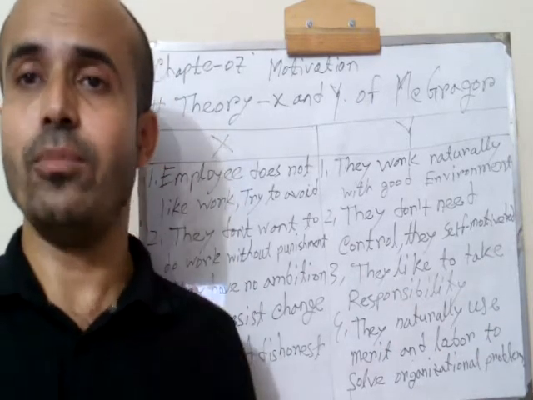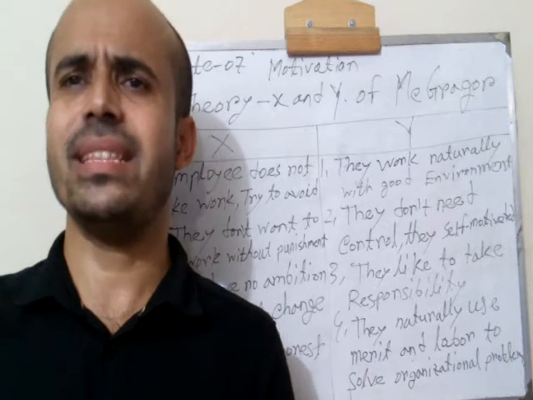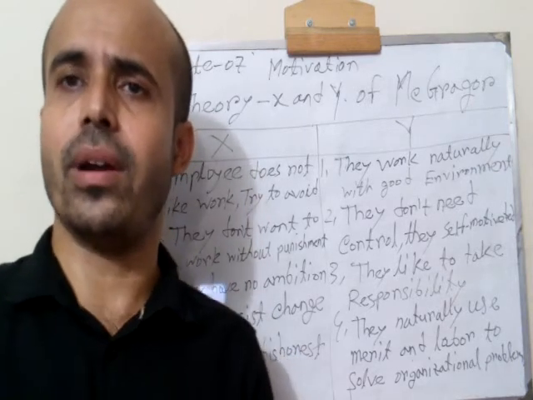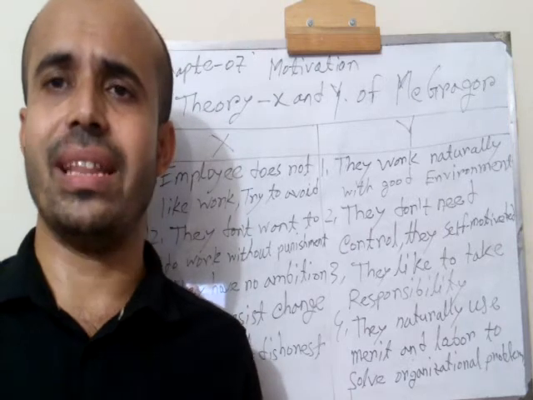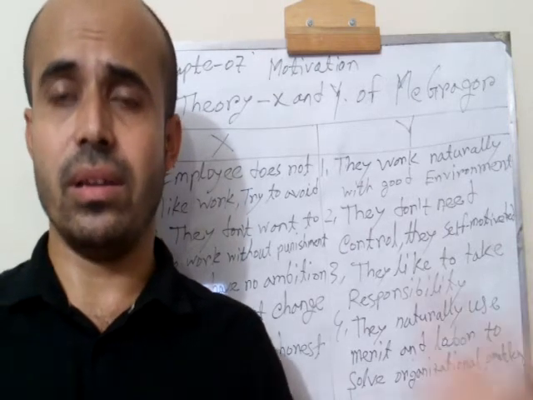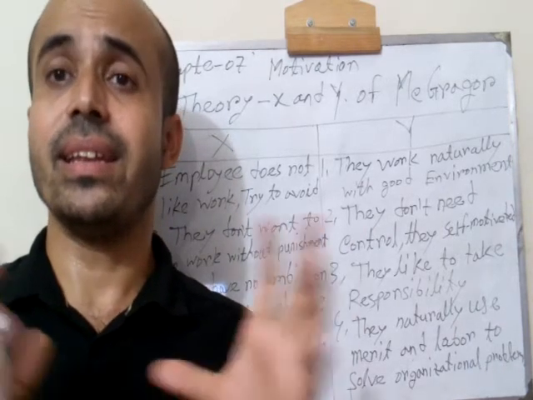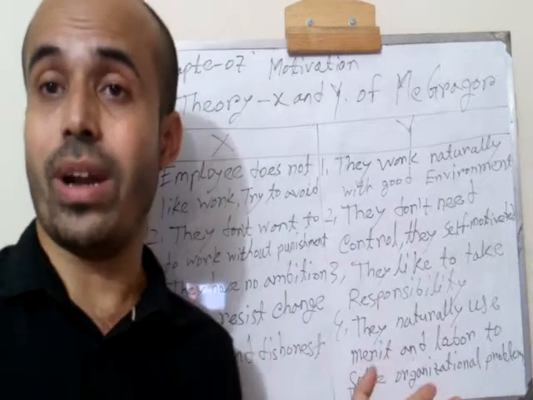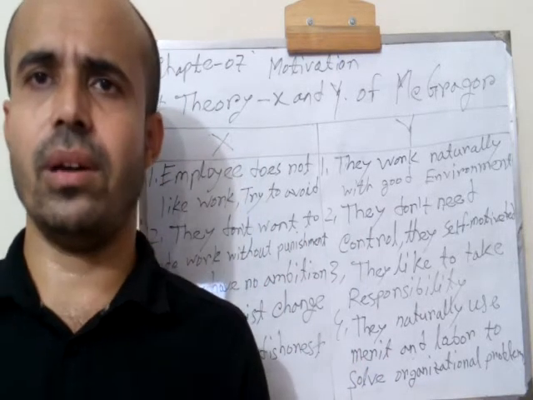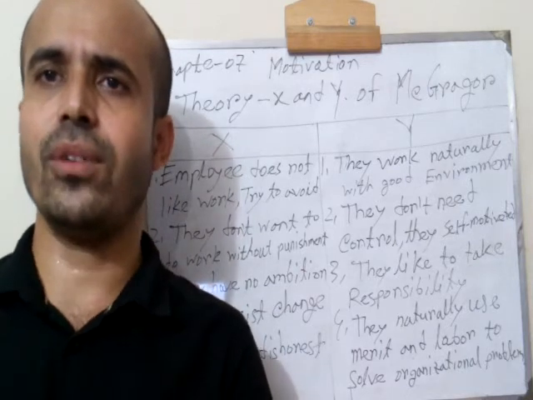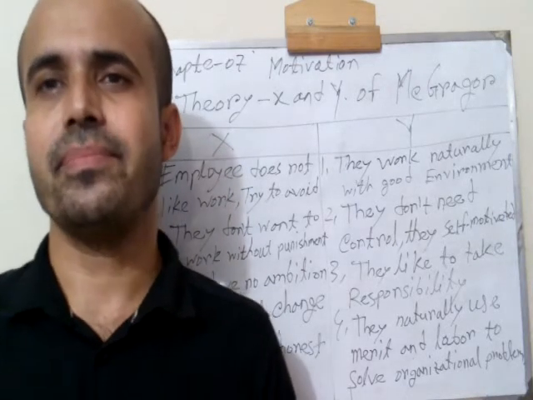That is why they have no ambition. No ambition means they have no hope from the work, no inspiration. The worker thinks, I have no ambition, I will come here, pass my time and go, I will get my salary every month.